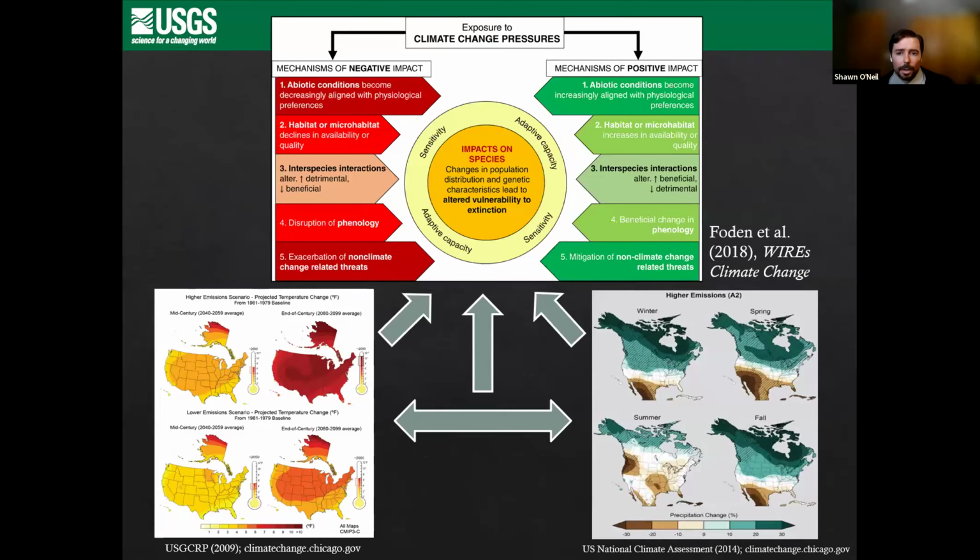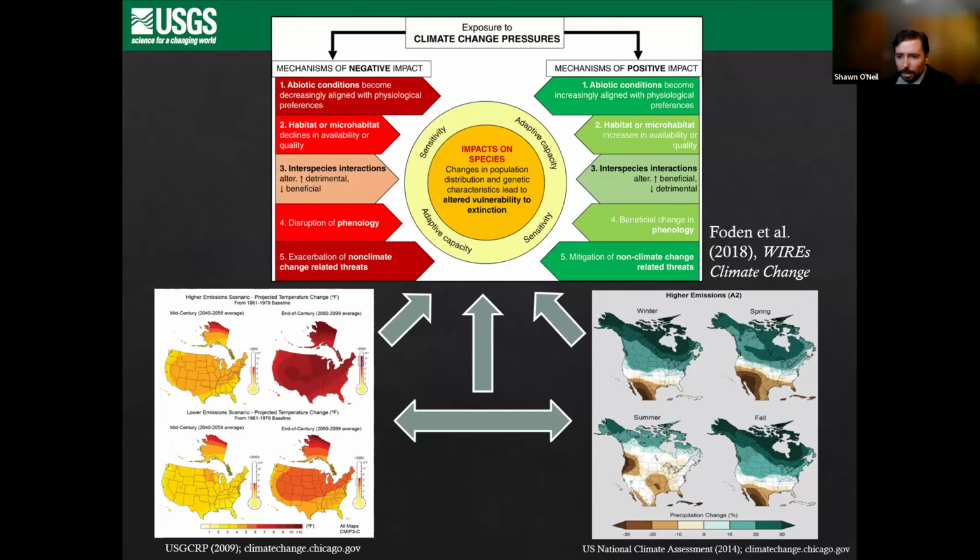We know that North America and the lower US are going to be experiencing higher temperatures over the next century. This is going to be pretty widespread, occurring under virtually every global climate model. At the same time, much of the country is expected to receive more precipitation, especially in fall and winter.